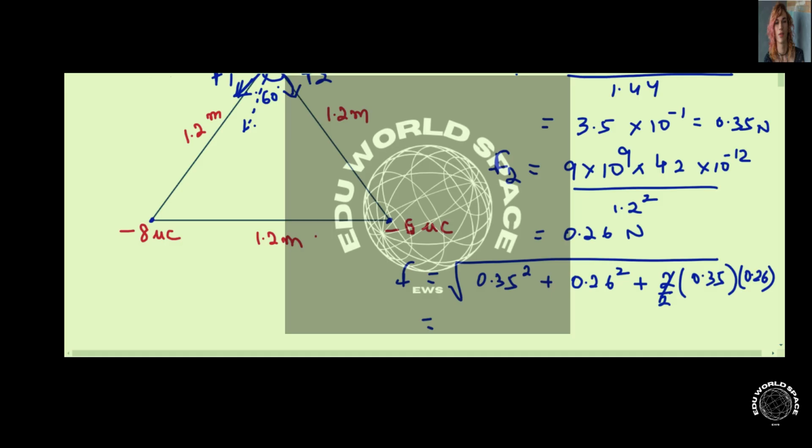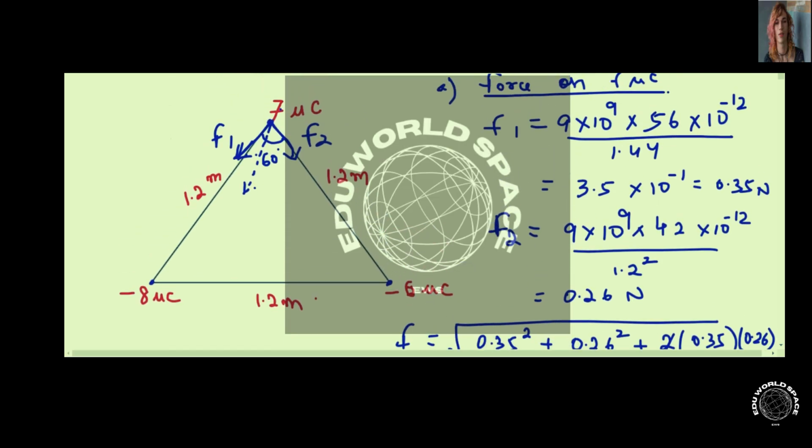So we take the square of 0.35 and add it with the square of 0.26, and then we add it with the multiplication of 0.35 and 0.26. So we take the root, we get 0.53 newtons. This is the magnitude of net force acting on this 7 microcoulomb.